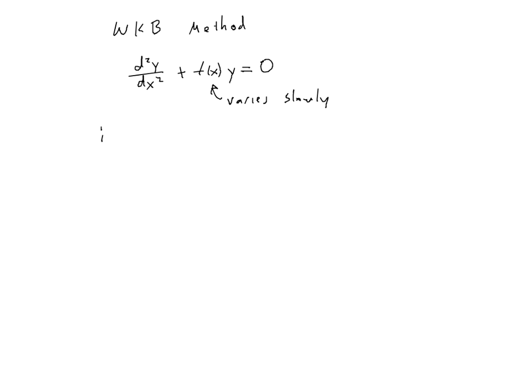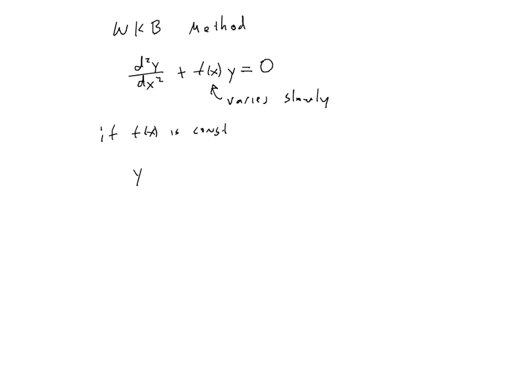So what we're going to do is we say if f of x was constant, then life is easy, right? Because now this is a very simple equation to solve.